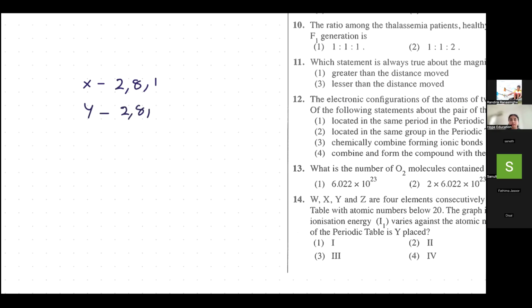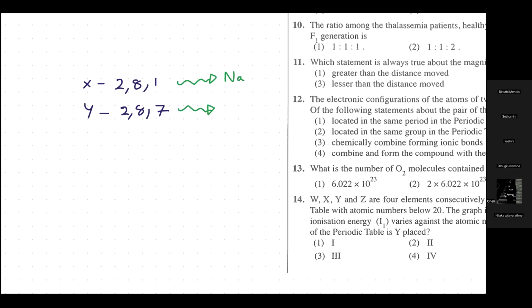If it's 2,8,1, what is the real name of X? Sodium. Y is 2,8,7. What is its real name? Chlorine. So we will keep those real names in our mind and check these statements.